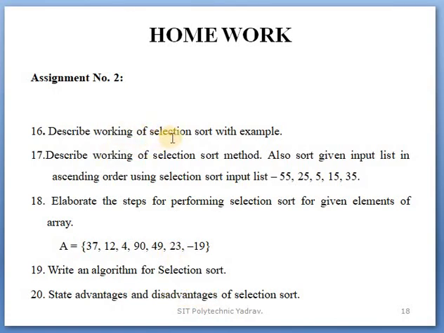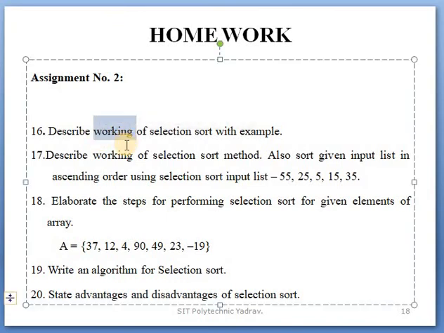But the concept, algorithm and example are a must when asked to describe the working, or when asked in detail.